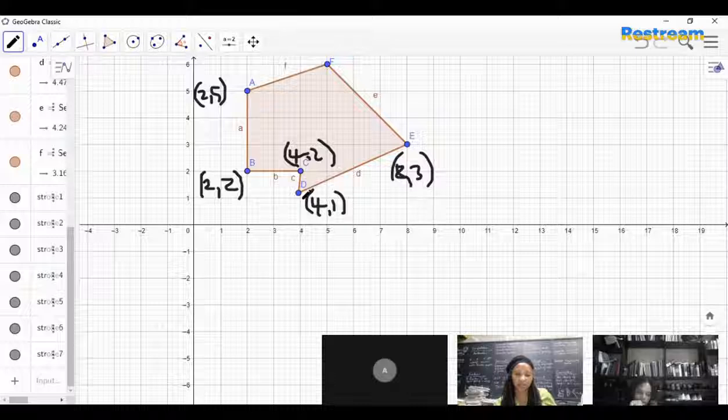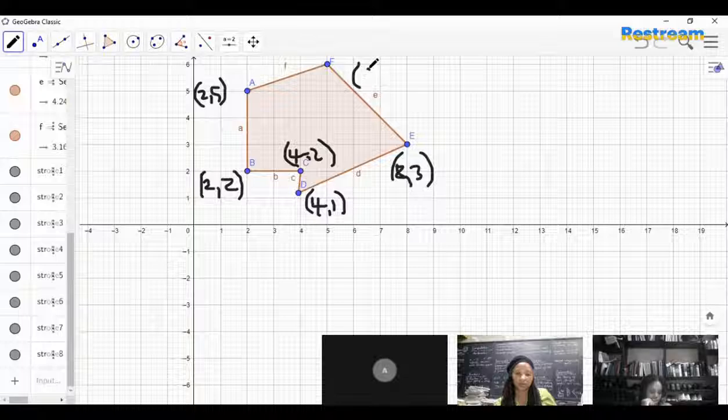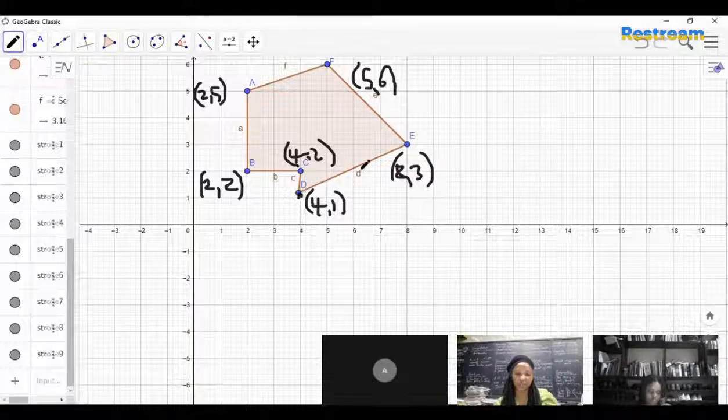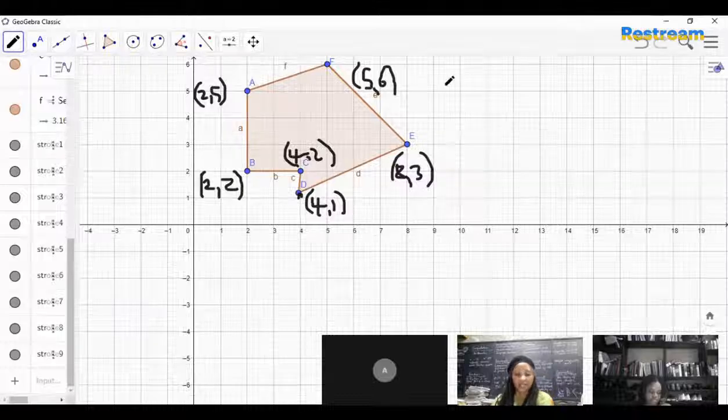It's supposed to be on the dots. All right, and F is 5, 6. Okay, so I see why you're saying it's 3.9, but my intention was for it to be here. So working with it for there.